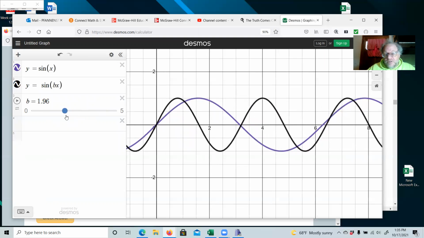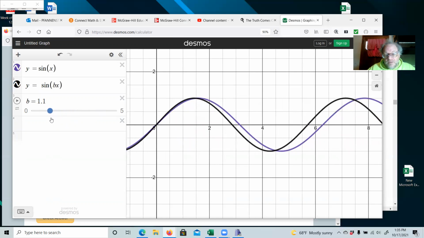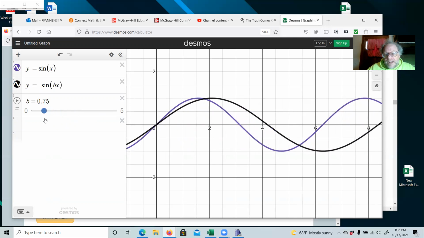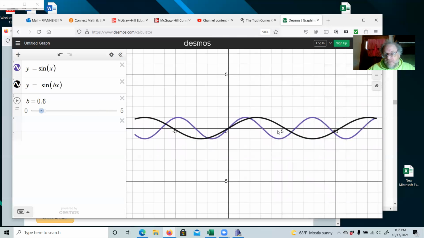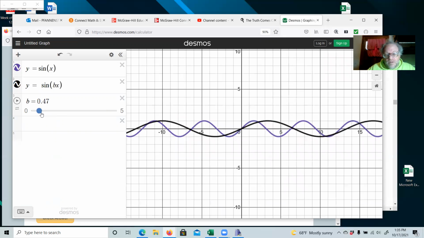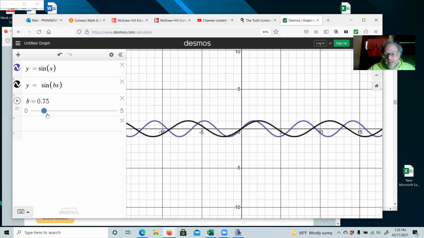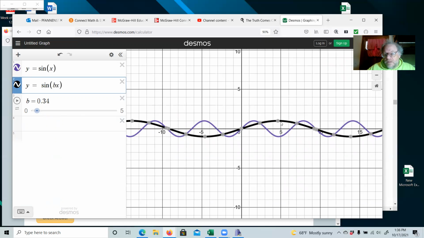If we go between 0 and 1, let's go back to 1. That's our regular sine. Then it's going to spread out a little bit more. Here's 1, close to 1. And if I slide it down, it's going to get bigger and bigger. It's spreading out. The maximum is still at 1.